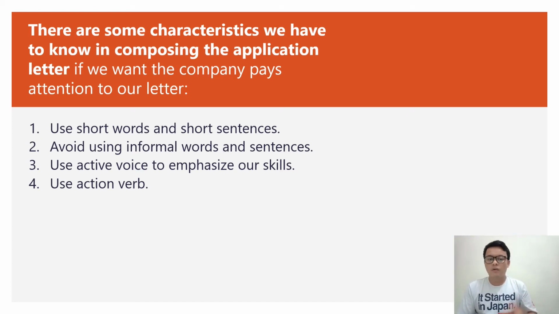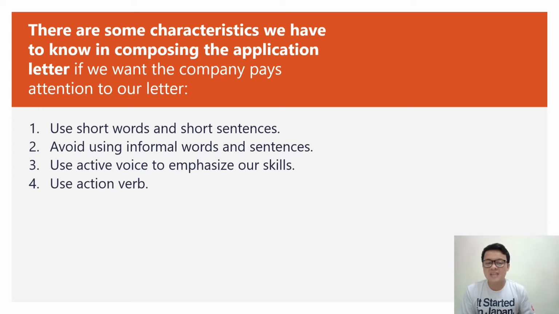And number two, avoid using informal words or sentences. Using informal words indicates that you are unable to work cooperatively in a formal environment. That's why using informal words is not recommended.